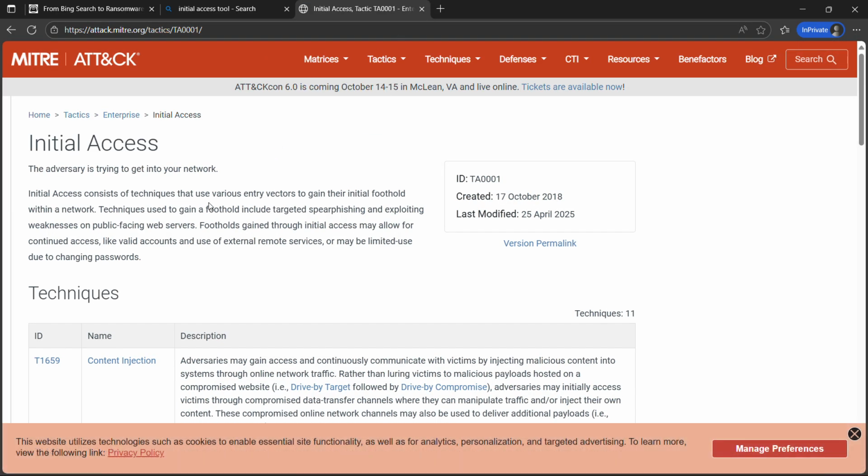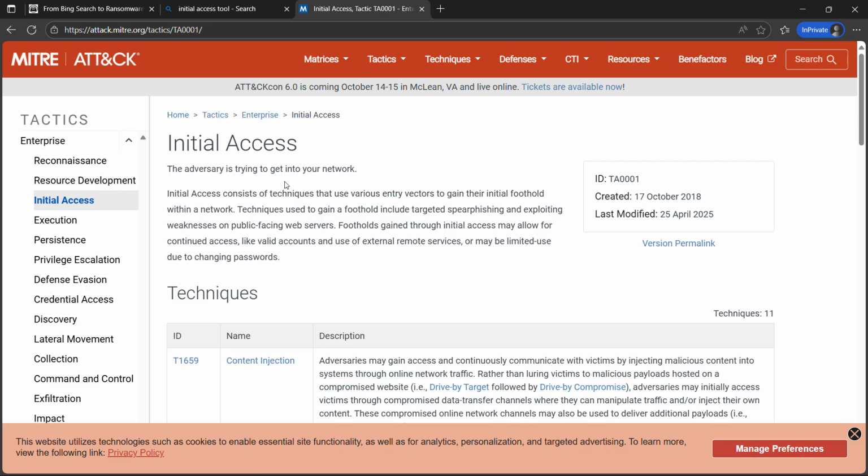Okay, initial access consists of techniques that use various entry vectors to gain their initial foothold within a network. Techniques used to gain a foothold include targeted spear phishing. Spear phishing I'm familiar with, so it's basically like a form of phishing, right?